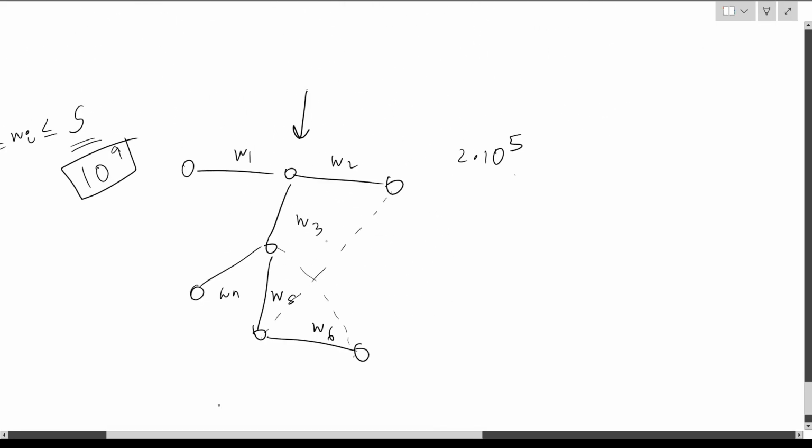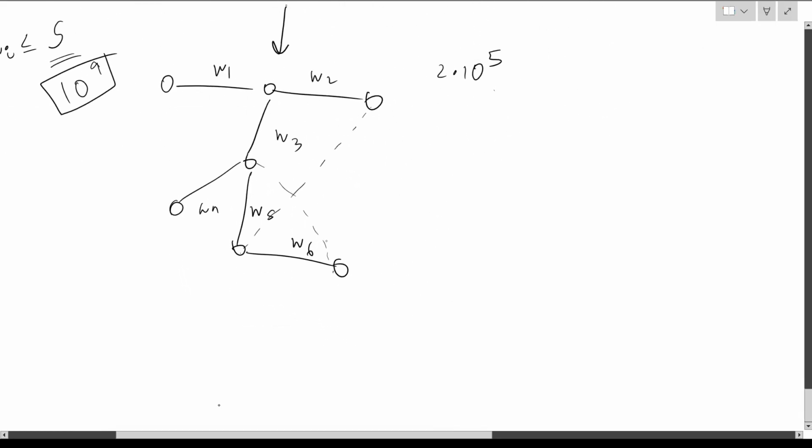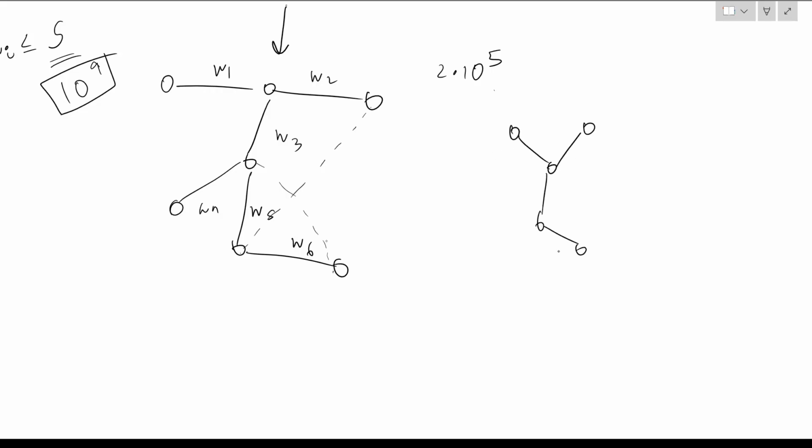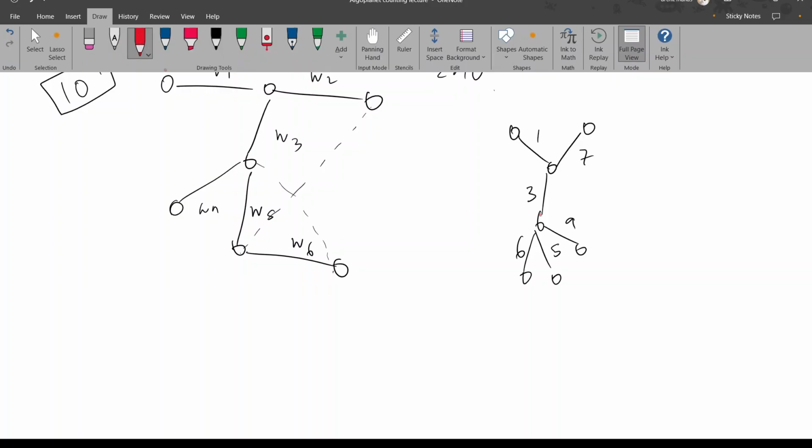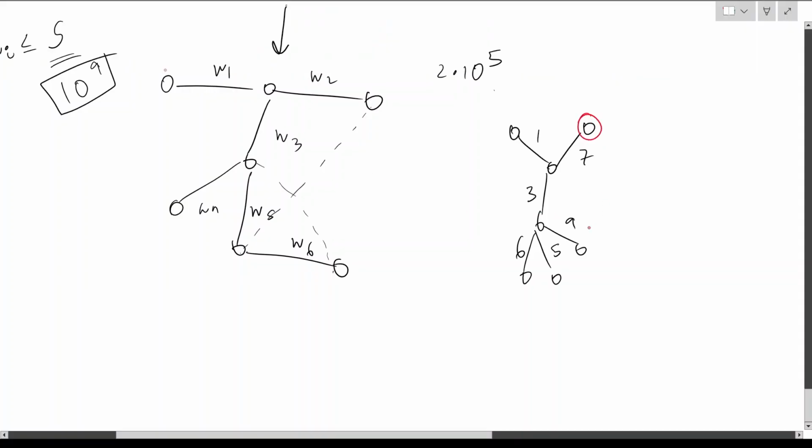Okay, so to do that, let's try to look at this one edge at a time. Imagine that we have a tree. Let me also assign it some arbitrary weights. And let's say I look at two vertices. Let me just mark those vertices.